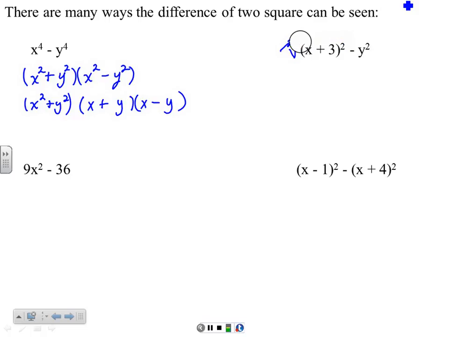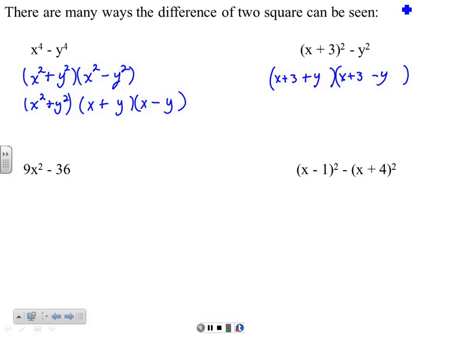So we're going to open up two sets of parentheses, plus in one, minus in the other. When I take the square root of x plus 3 quantity squared, you get x plus 3. And when you take the square root of y squared, you get a y. So this answer is fine with me.